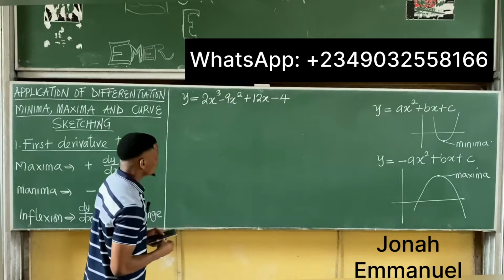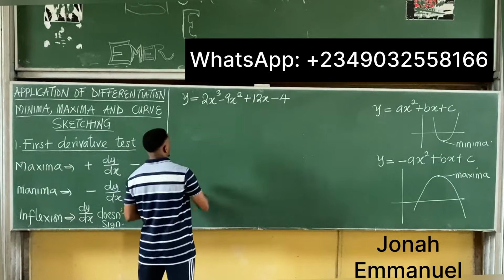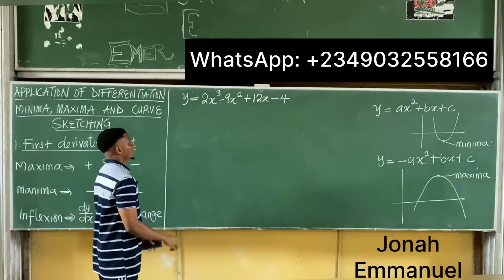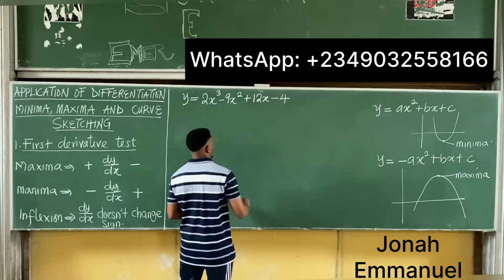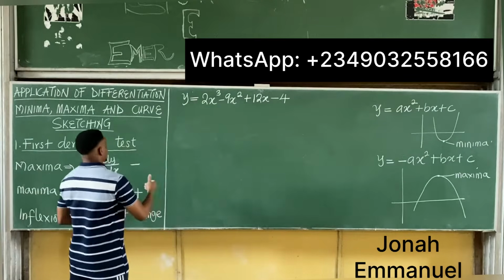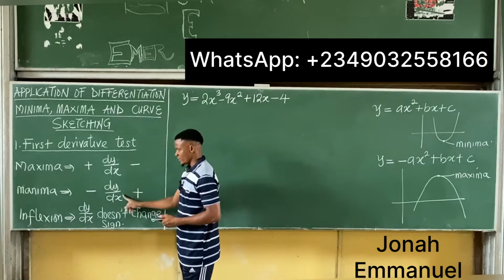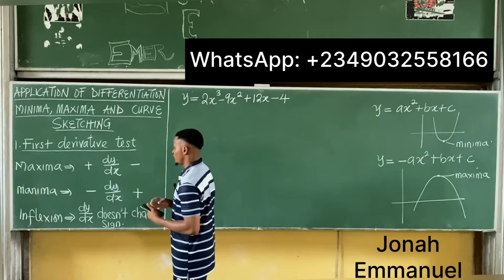How do we solve this? To solve a question like this, your first task is this. If I have that y is equal to 2x cubed minus 9x squared plus 12x minus 4, to use my first derivative test, each of them contains dy/dx. So my first task is to find the value of dy over dx.